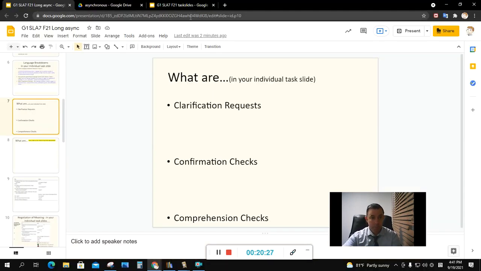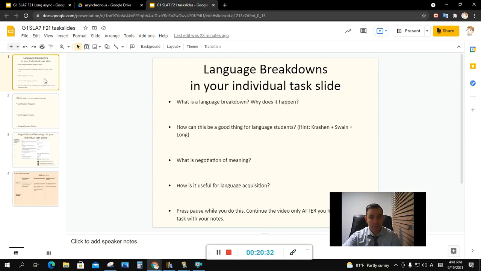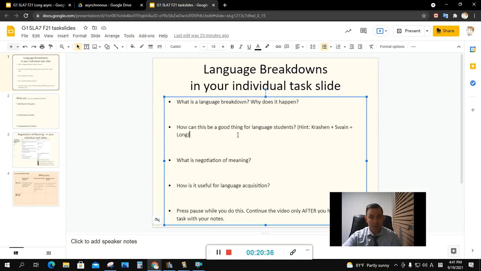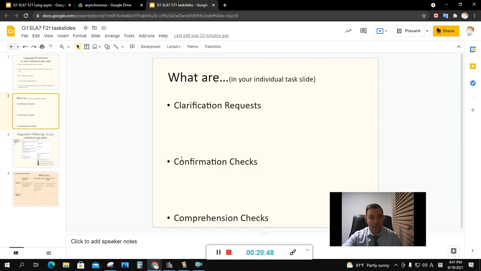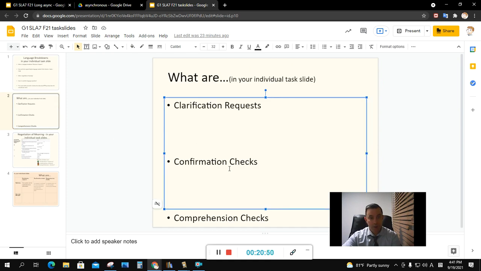If you like, I will share task slides, what they look like. So far you will have done the first slide, what is language breakdown, how can it be a good thing, etc. You did the first slide and then you checked your answers in the video. Hopefully that's the procedure you went through. Next you have right here clarification requests, confirmation checks, and comprehension checks. In your own words, what are they?